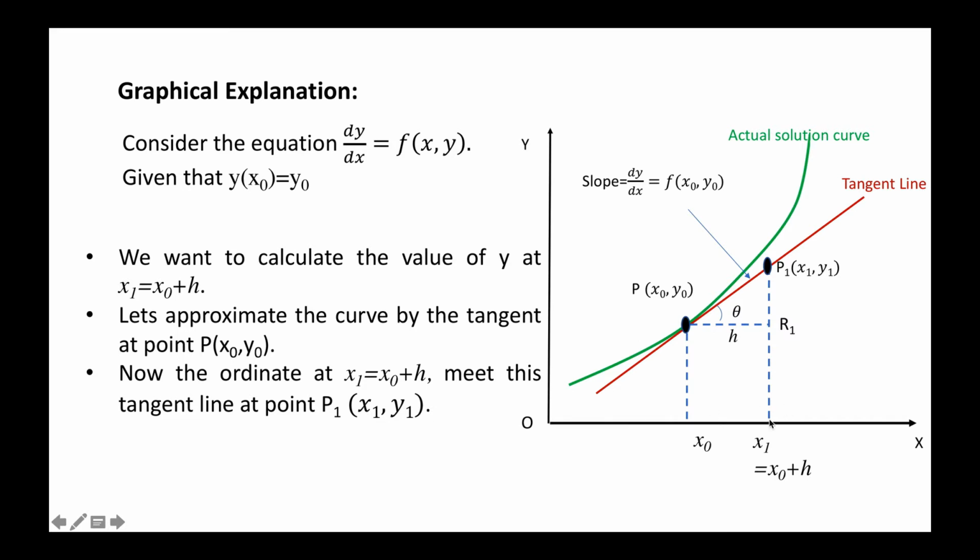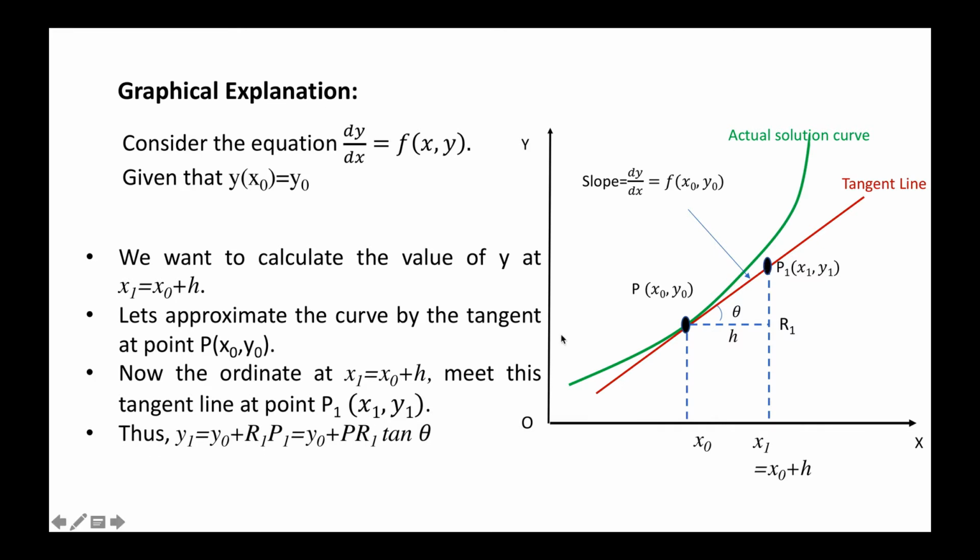If we draw a vertical line from x1, it touches the tangent at point P1, represented by this black dot. This point has x coordinate x1 and corresponding y coordinate y1, and you see that there is a difference between this value on the green line and this value on the red line. So this is the error.